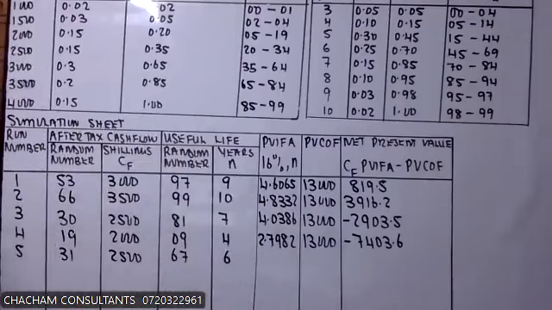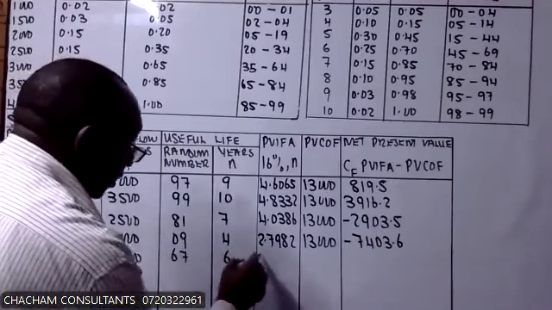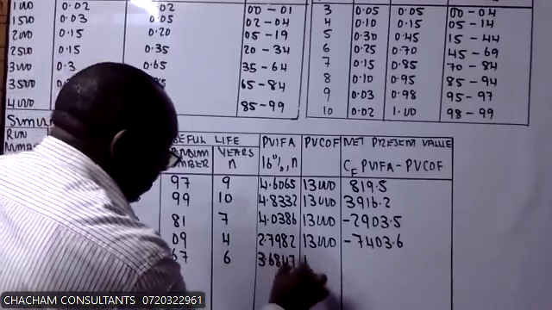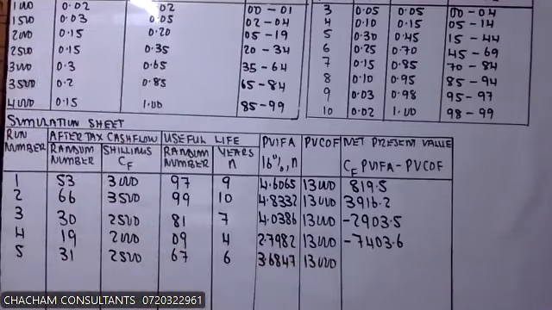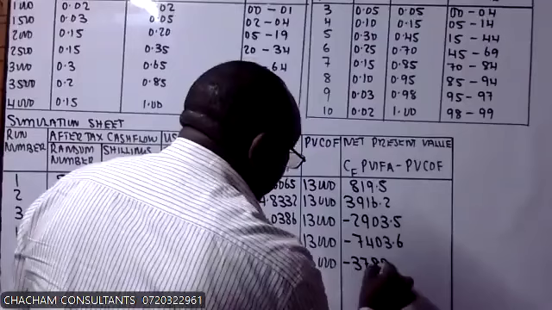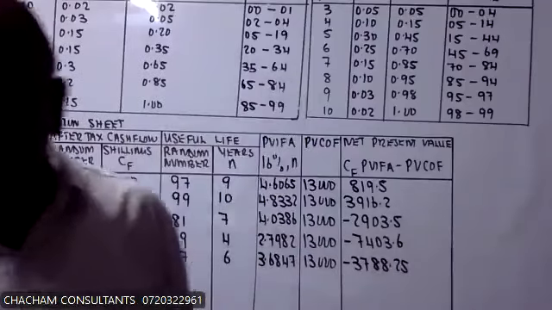So read for me the PVIF. $3.6847. The outflow is 13. Negative 3788.25.